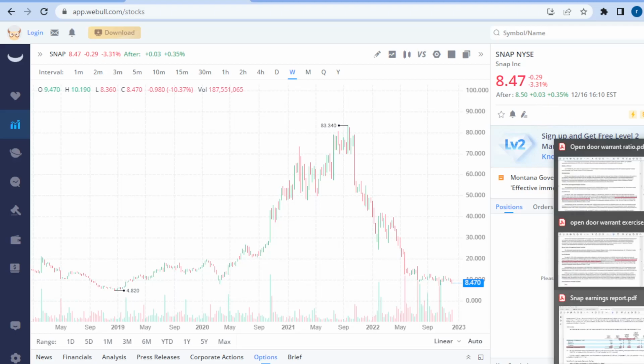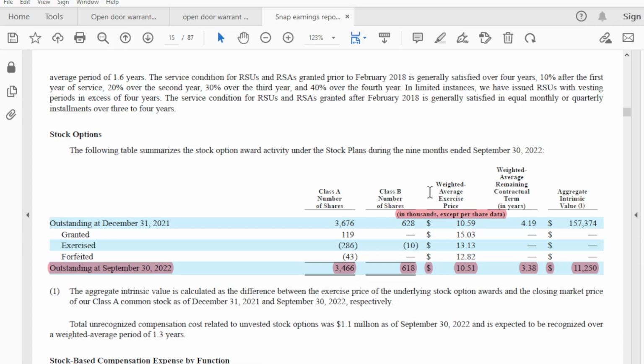Keep in mind that this right here is an average, so not all employees have to pay this amount. Some employees may have a better exercise price, so some employees may still exercise. Other employees, or most employees, are not going to exercise here because the share price is below the exercise price.